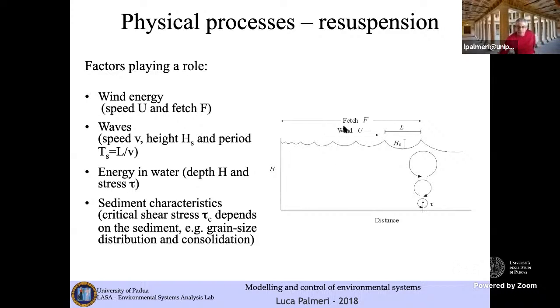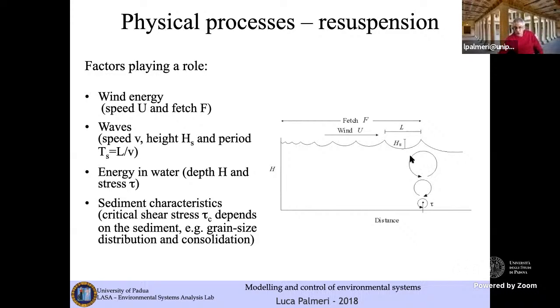So the wind is blowing along a length that we may indicate with fetch. The bigger the fetch, the higher the waves generated, and the lower the period. So we have lower period waves with higher height.